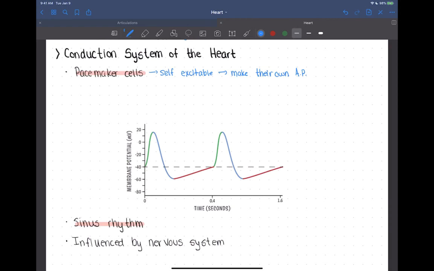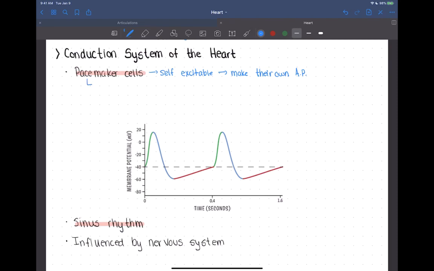When we talked about skeletal muscle in A&P1, you had to have a motor neuron from the nervous system to cause an action potential in that muscle cell. The heart's unique because it has these special cardiac muscle cells called pacemaker cells that can make their own action potentials.